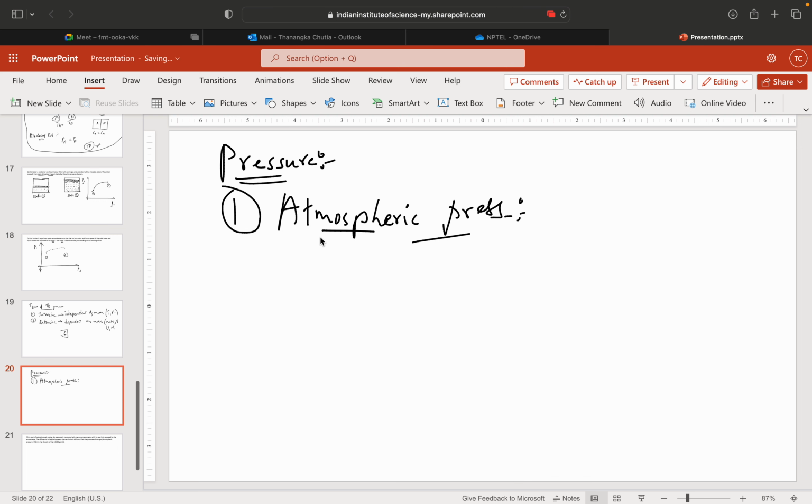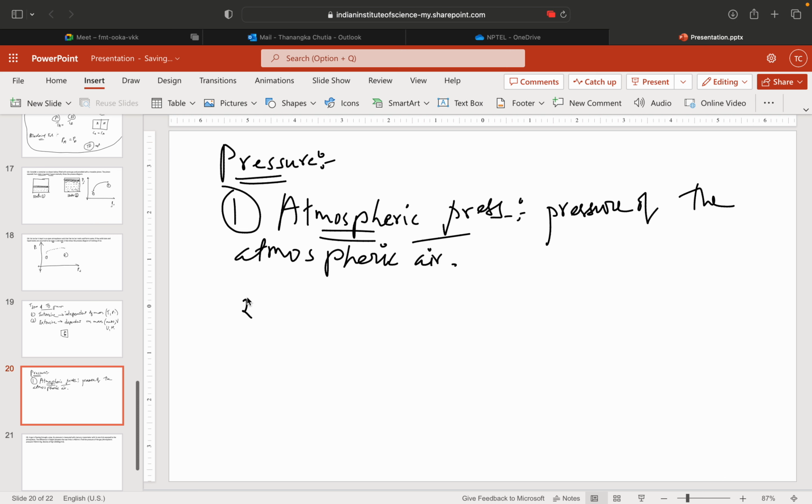Okay, so it is the pressure of the atmosphere. It is the pressure of the atmospheric air. That means whatever pressure the atmosphere exerts, that is the atmospheric pressure.